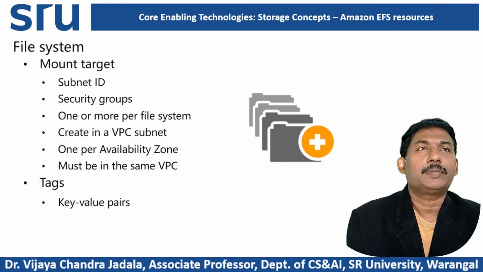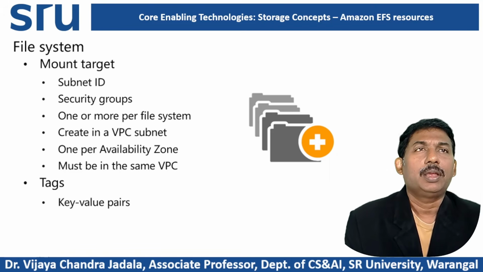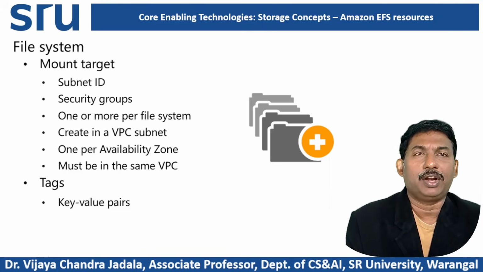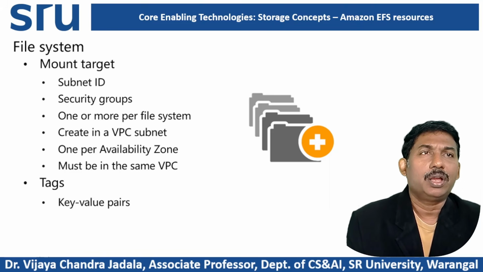Next, regarding the Elastic File System resources. Here it will concentrate majorly on the mount target. The mount target will be identified and secured by subnet ID and security groups. One or more file systems can be used, where you can create a virtual private cloud subnet, with one per availability zone, and it must be of the same virtual private cloud.